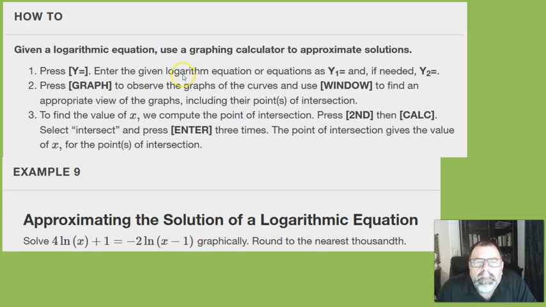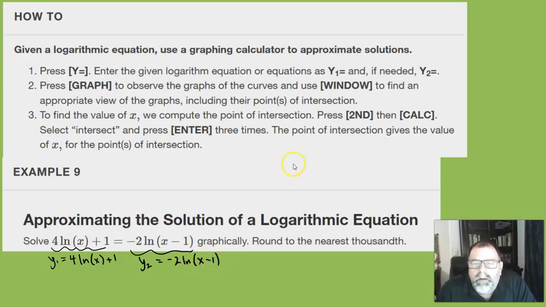You're going to call the left side y1 equals 4 ln of x plus 1, and the right side y2 equals -2 ln of x minus 1.